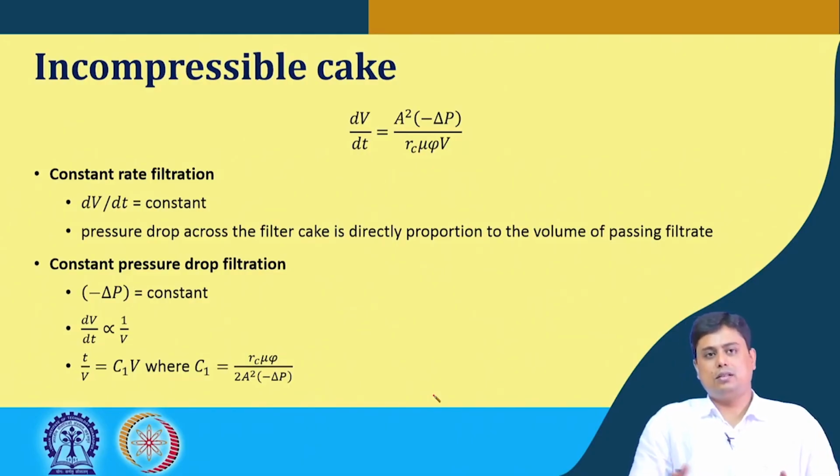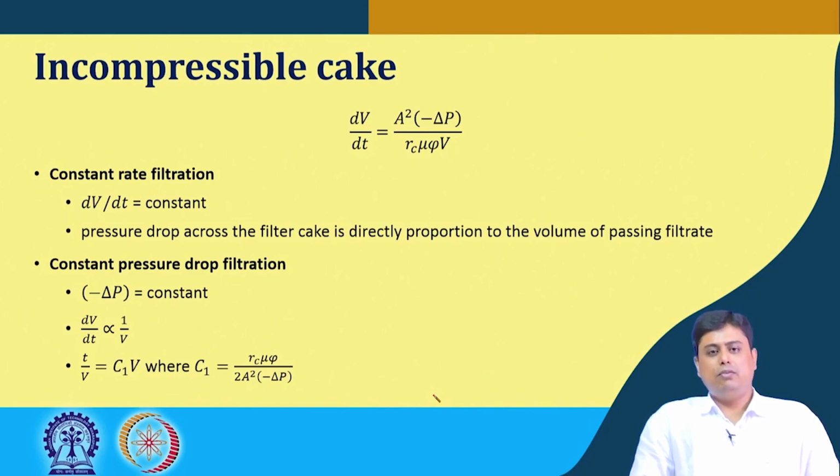You have to increase the pressure drop with time to have the desired volume of filtrate pass through, that is the constant rate filtration.